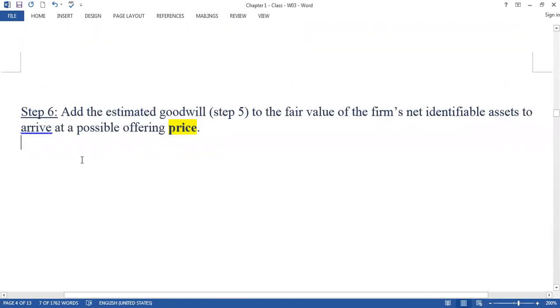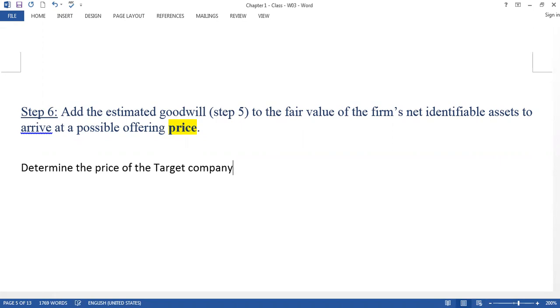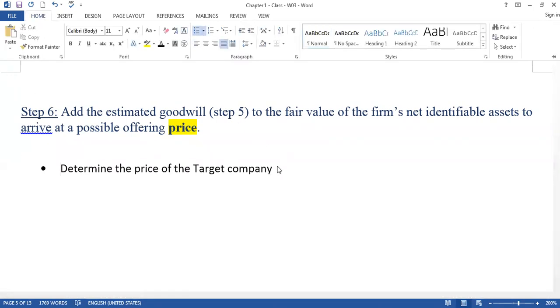So the last step is to determine the price of the company. How to determine the price of the target company?